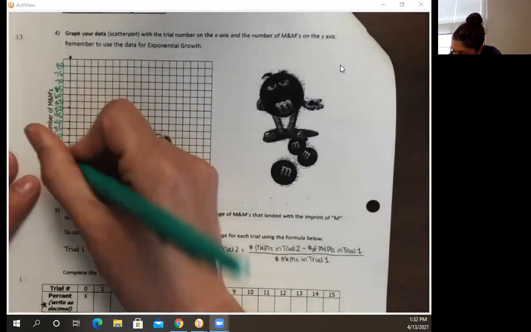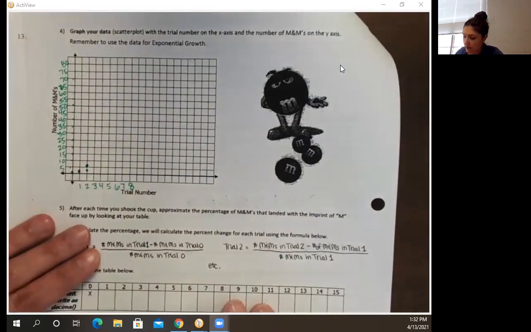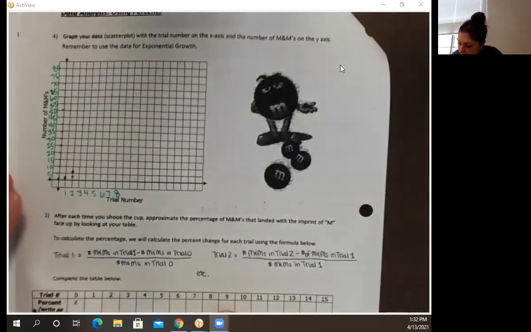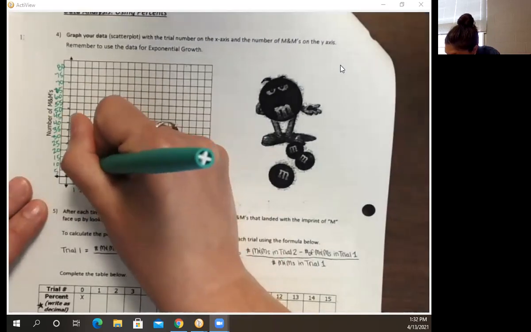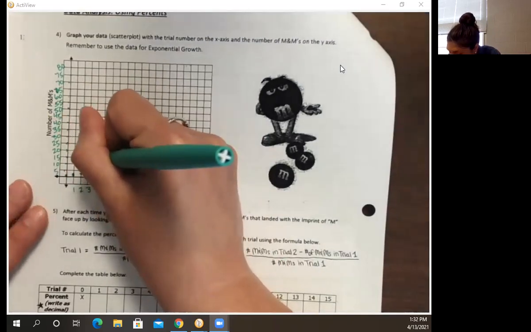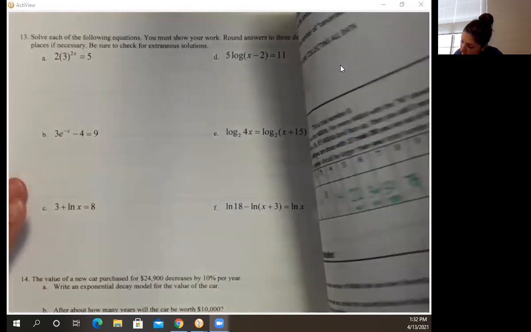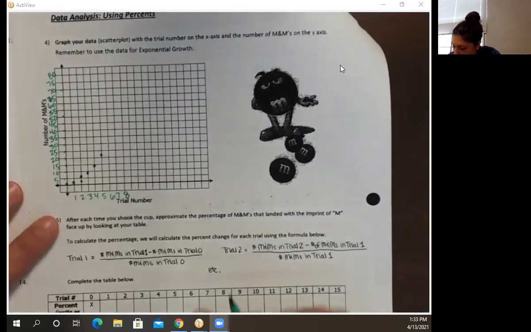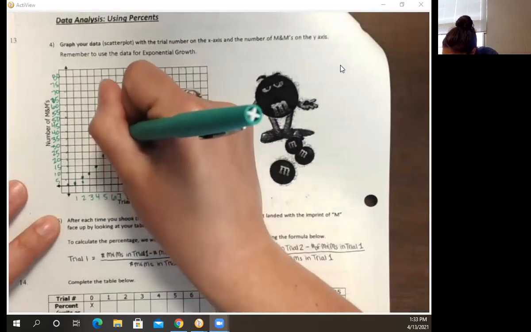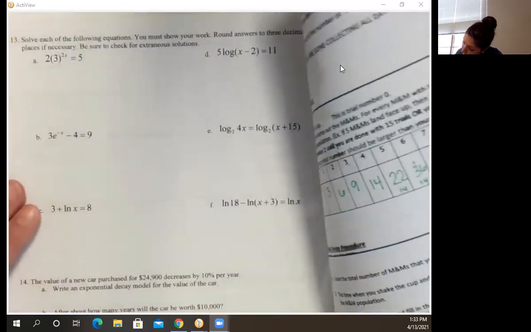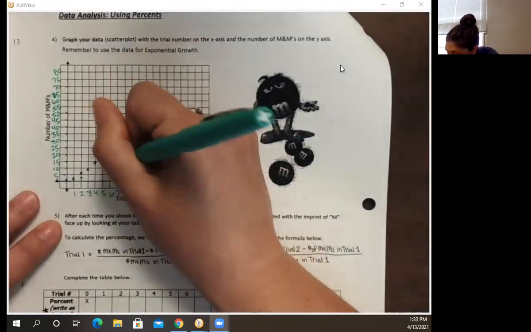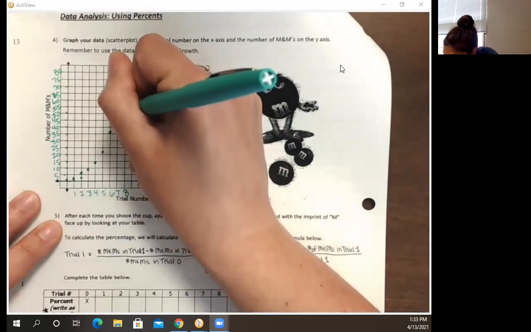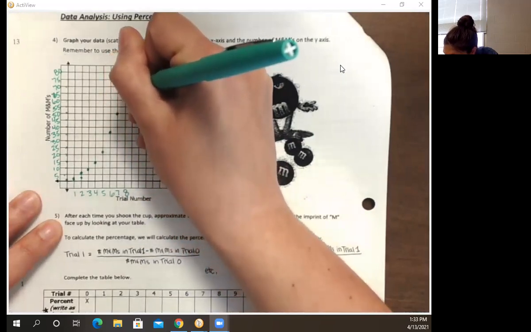Trial number 2, we had 6 M&Ms, and then 9, and then 14, and then 22, and then 36, and then 50, and then for our last trial, 78.